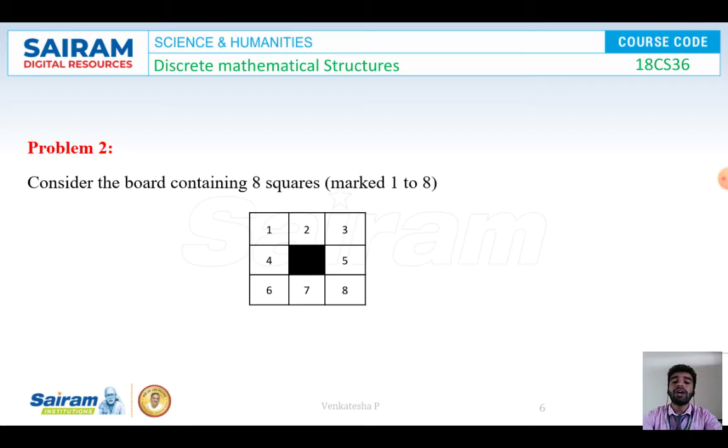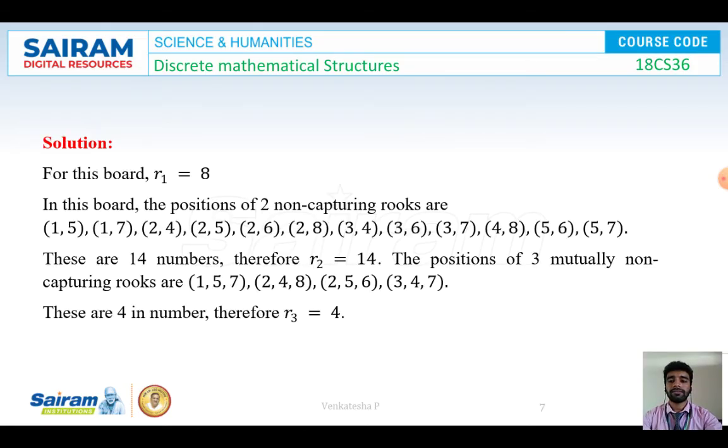Now, as I told, since the board contains only 8 empty squares, the value of R1 will be equal to 8 here. So for this board I have R1 equal to 8.